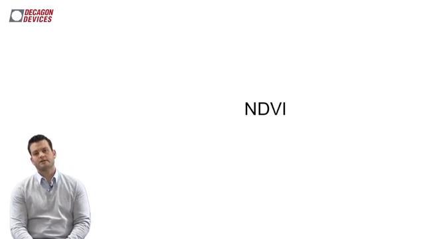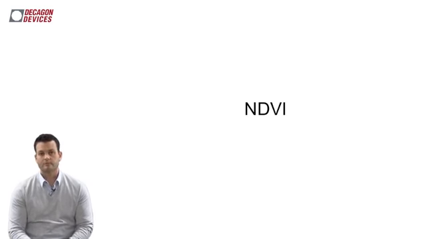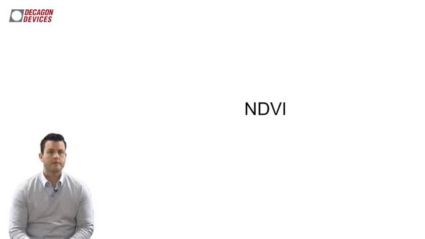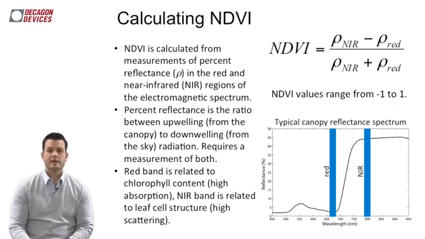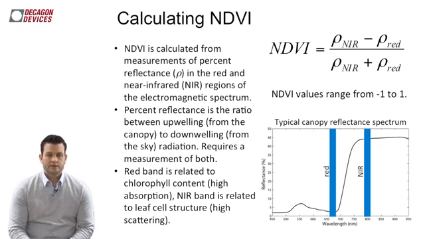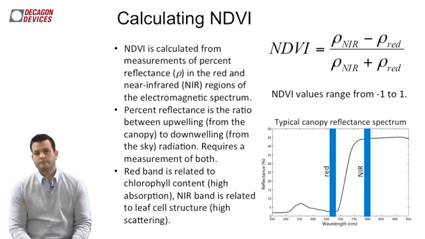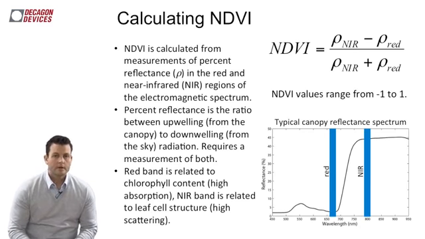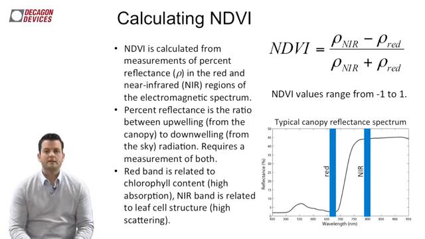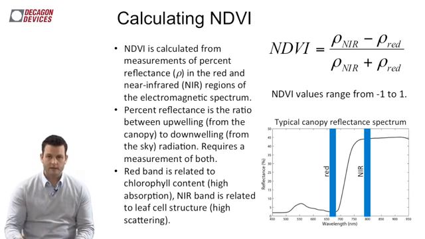So at this point, I'd like to talk specifically about NDVI in some depth. First off, how do we calculate the NDVI? What I've shown you are continuous reflectance spectra, and the NDVI doesn't really require all of that information.